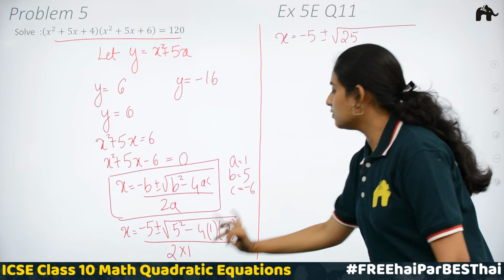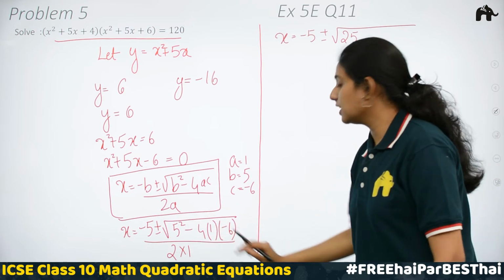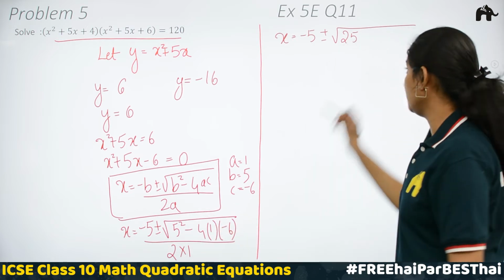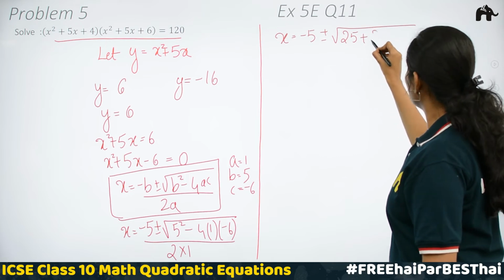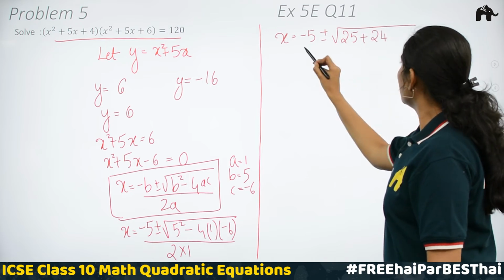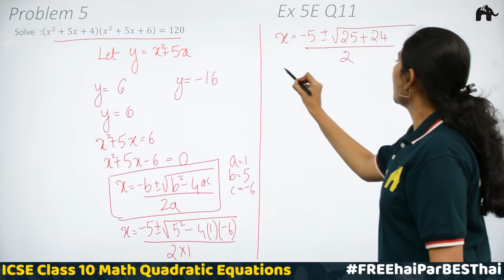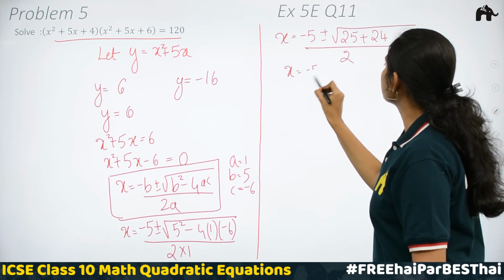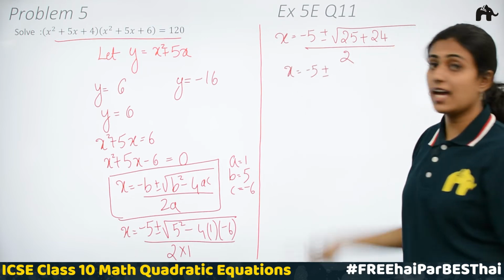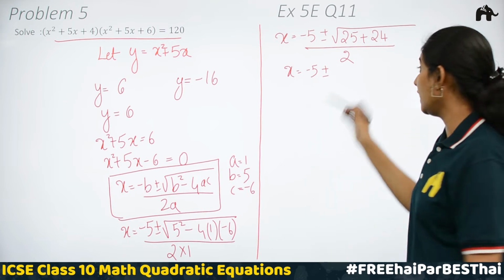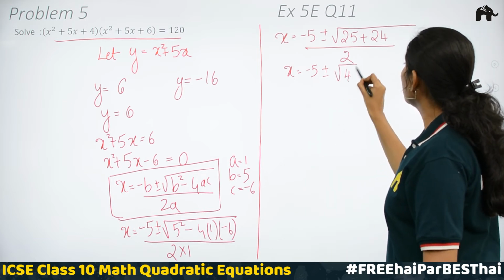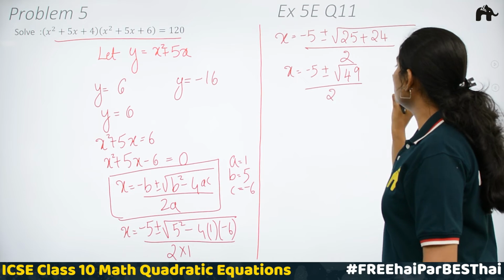Minus 4 into 1 is minus 4. Minus 4 into minus 6, that is plus 24. x = (−5 ± √(25 + 24)) / 2. 25 plus 24 is 49, so x = (−5 ± √49) / 2.